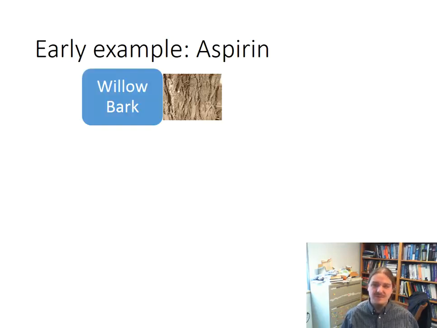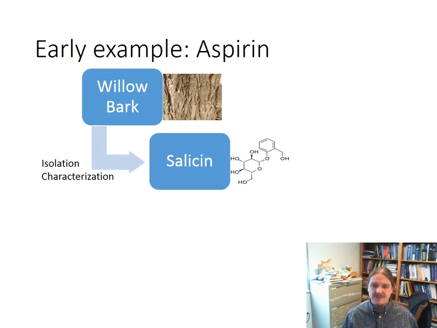And the story of aspirin begins hundreds of years ago, actually, when people figured out that chewing on willow bark gave them or helped relieve their pain. In the 1800s, chemists isolated the compound salicin, which is a glucoside of 2-hydroxymethylphenol, or saligenin.